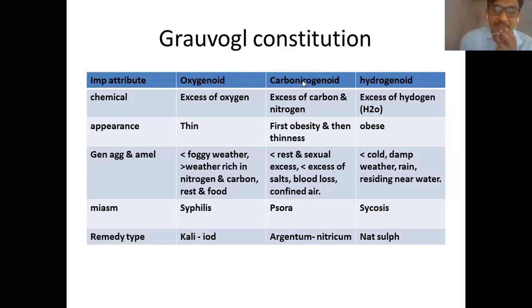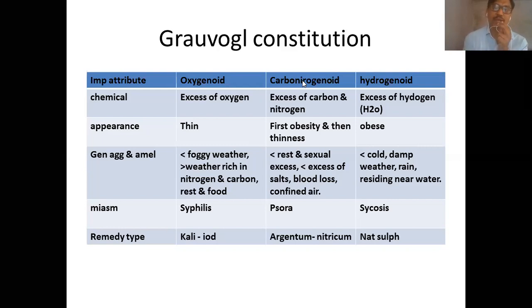Then one more aggravating factor is blood loss. Any amount of blood loss, whether hemorrhage, accident, pregnancy or menses, has a profound effect on this carbonitrogenoid constitution. It is also aggravated by confined air, meaning closed air, the air present in a closed room.